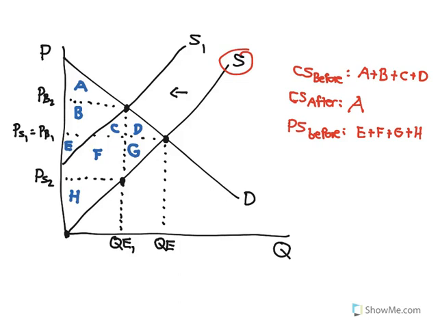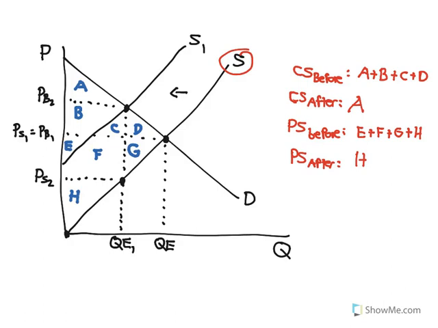It's not really changing how much sellers want to produce so much as how much they're having to pay in terms of the tax. So, PS after is just going to be H. So you notice a considerable loss of producer surplus from EFGH to just H.